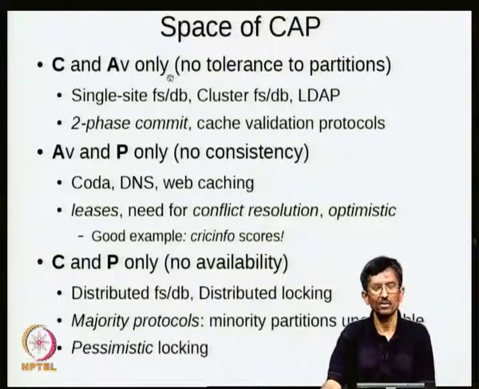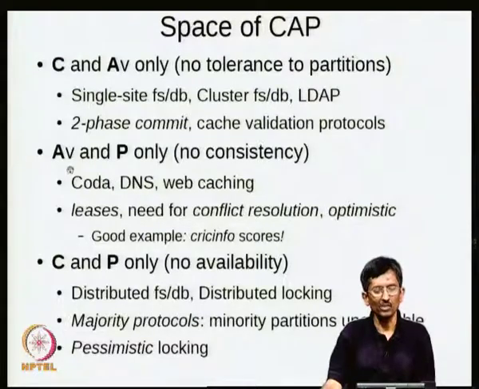If there are no failures, I can give you something reasonable. All the systems work well as long as there are no failures. If there is a failure, they just block, or they have to get into some uncharted territory of inconsistency or unavailability.